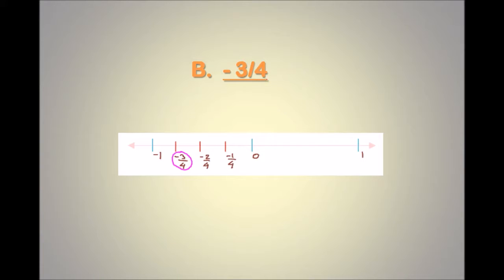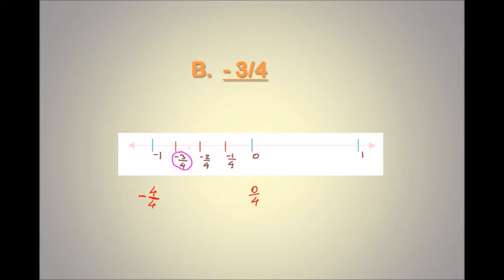Since the denominator is 4, we will be representing this 0 by a rational number having the denominator as 4. Obviously, the numerator will be 0 for 0. 0 is equal to 0 by 4. And for -1, there should be a minus sign in front, and the denominator will be 4. So the numerator will also be 4, because 4 by 4 will give us a 1, and this minus sign is there in front.